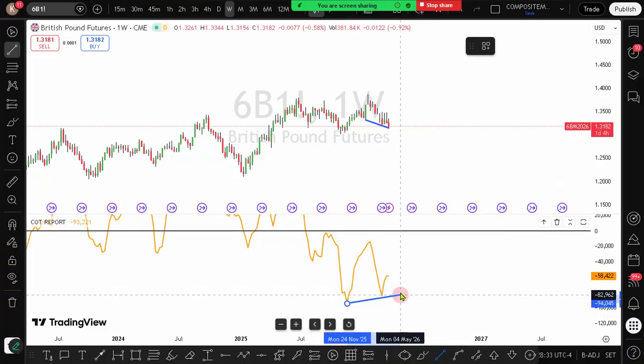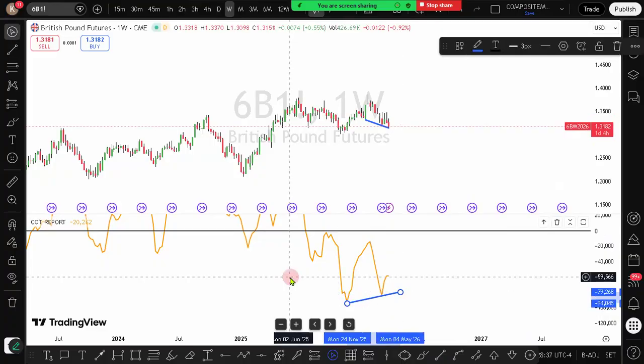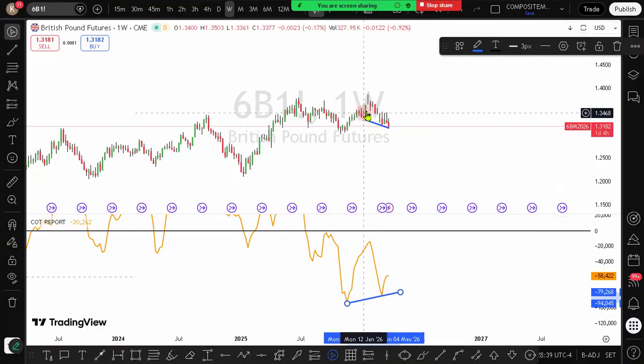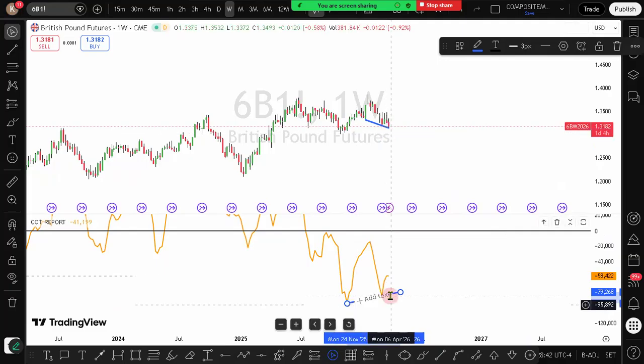I want you to understand that non-commercials are trend drivers. So if the price is pushing lower and these guys are not going down, in fact they are curving to the upside, to me this is another confluence that I use to say, okay, these guys are abandoning the low.